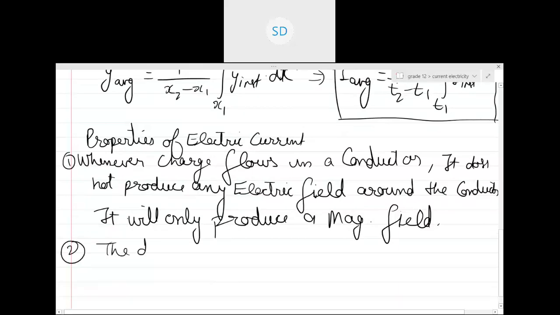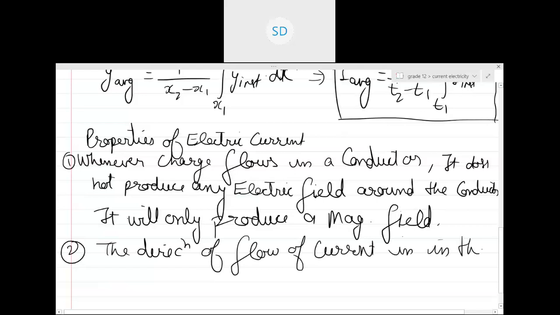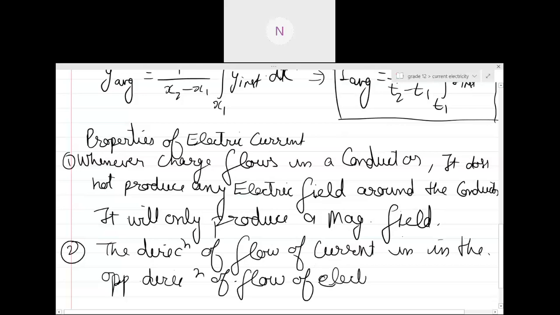Second, let me write it: the direction of flow of current is in the opposite direction of the flow of electrons through the circuit.